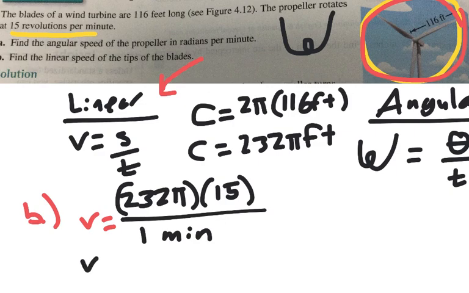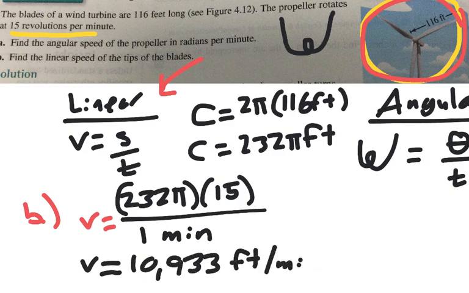That should give you approximately 10,933 feet per minute. Okay, so that had one extra step from what we've been doing, but I thought it would be nice to work with linear speed first, because that's what we've been working with up to this point.